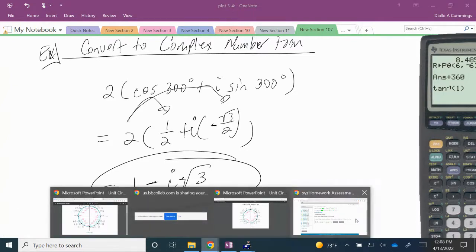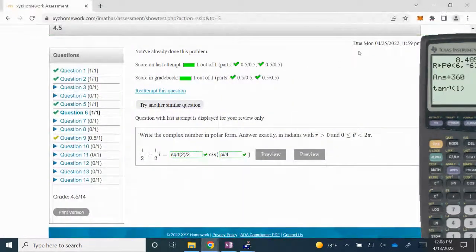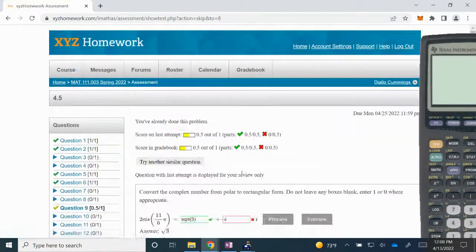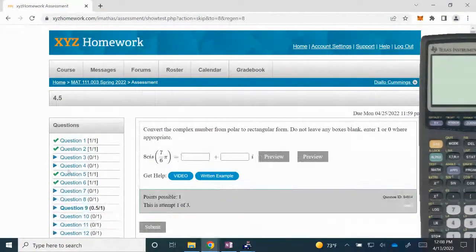All right, now let's take a look at number 6. And I think there seems to be a problem with these type problems. Let's take a look at it. So this is 8 cis 7 pi over 6.